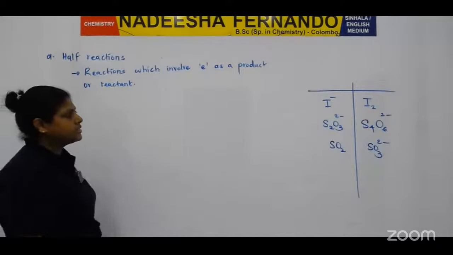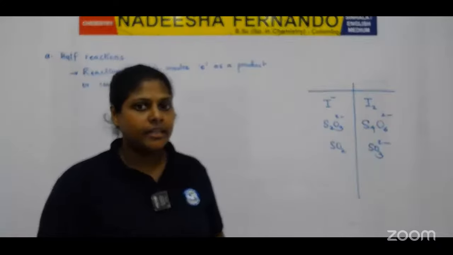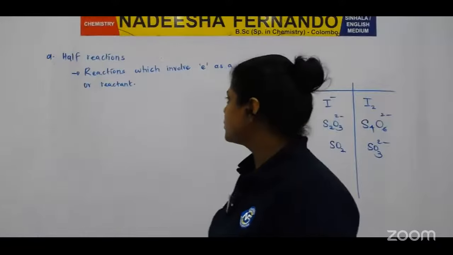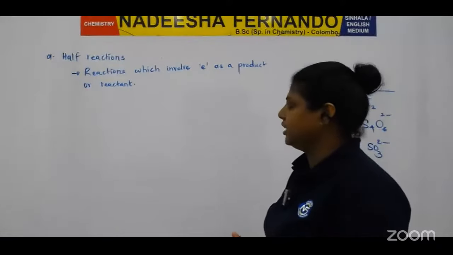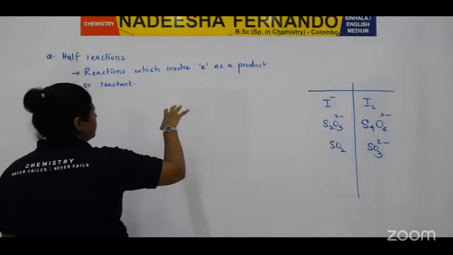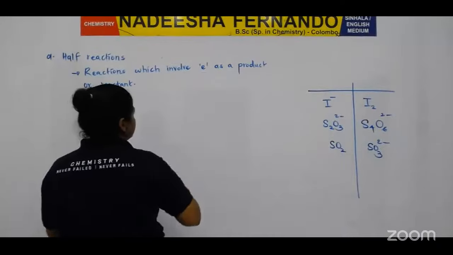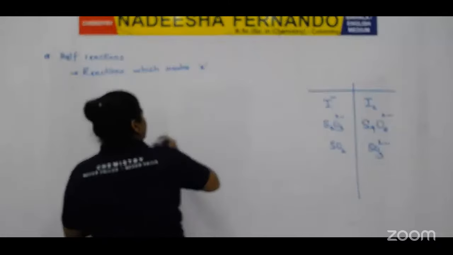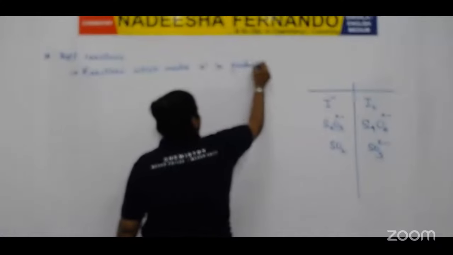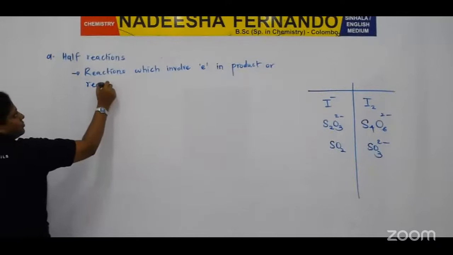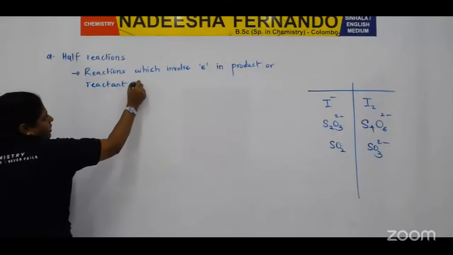Electrons can be included in the reactant side or the product side. Reactions which involve electrons in the product or reactant side.